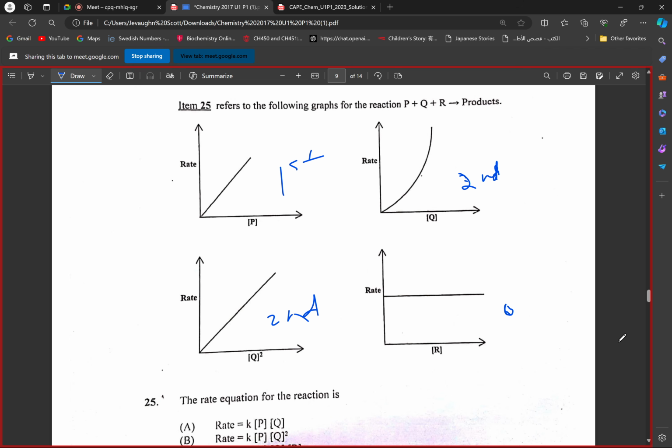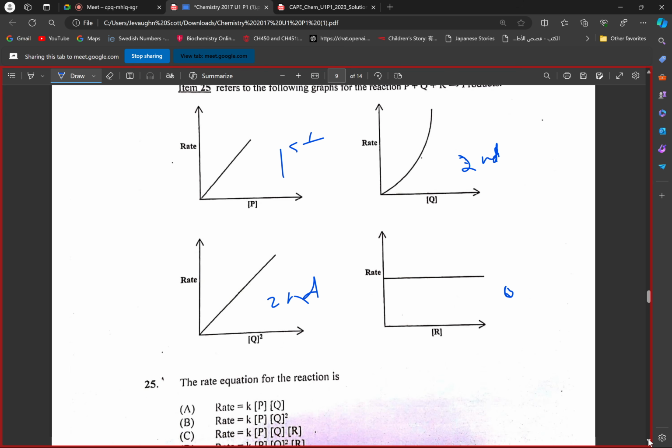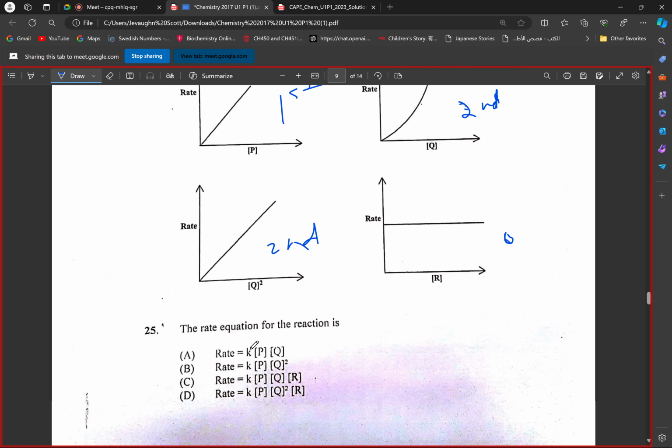Zero. So that would be zero order. So what would be the answer then? Sir, just pause for a second. Okay. So the rate equation for this reaction would be, if R does not affect the rate, would R be in the equation? Sir, hold on. Scroll up back to the question for a bit, please.